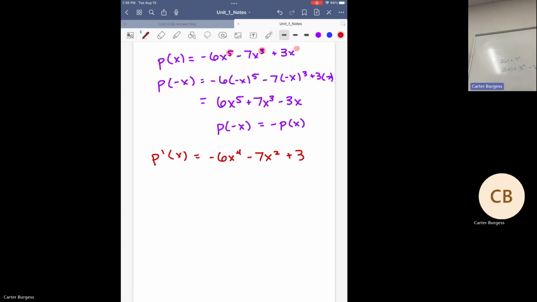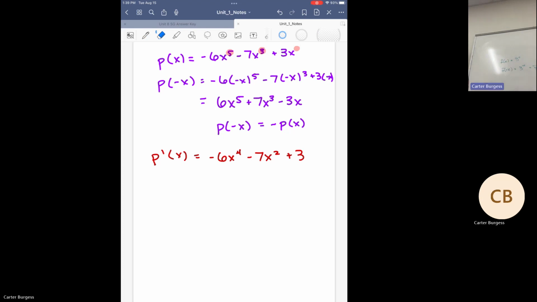Technically 3x to the 0, but anything raised to the power of 0 is just what? Not 0. 1. Raising something to the power of 0 makes it 1, and so we can think that there's like an invisible x to the 0 here. Just remember that this is in fact an even-powered kind of term.